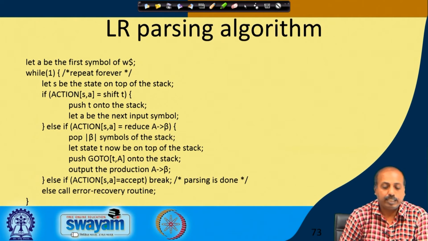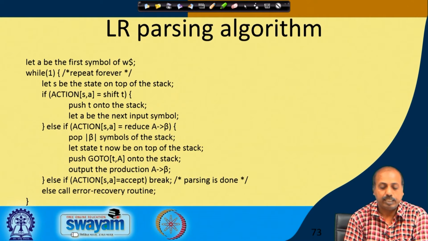Let A be the first symbol of the input stream W, repeat; now what we do, let S be the state on the top of the stack. Now, if action of S, A is shift T, then it will push T onto the stack, and let A be the next input symbol.